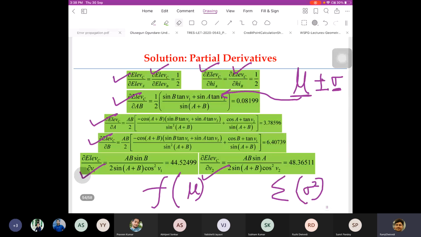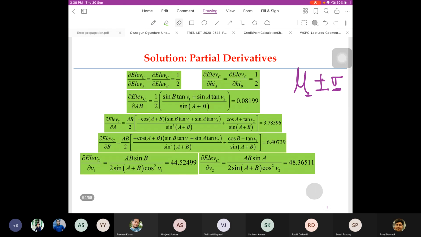This is one of the most classical problem of error propagation, where you try to see, take a look.